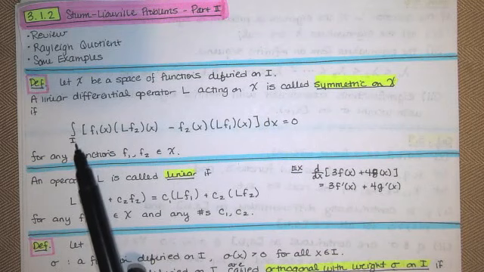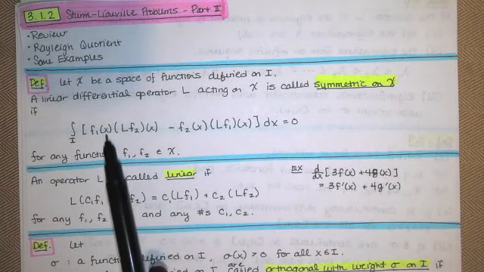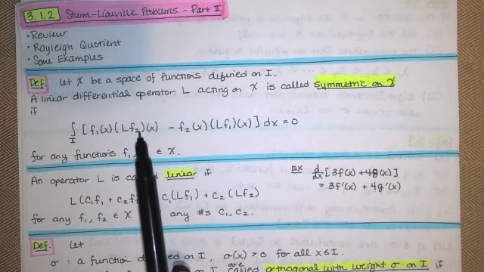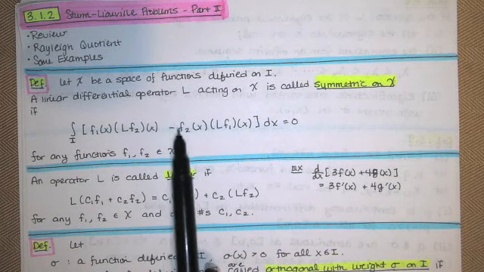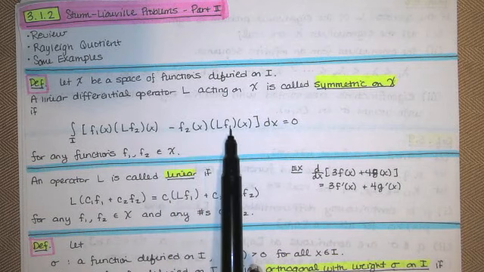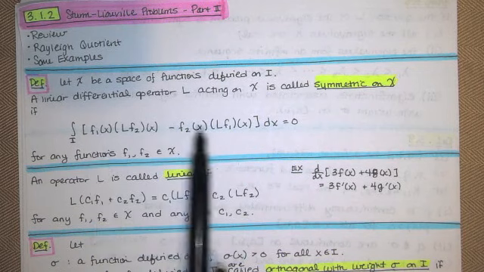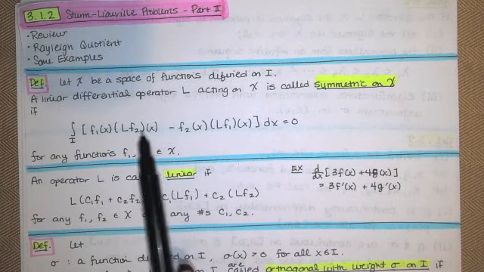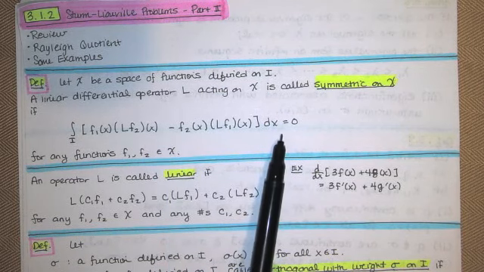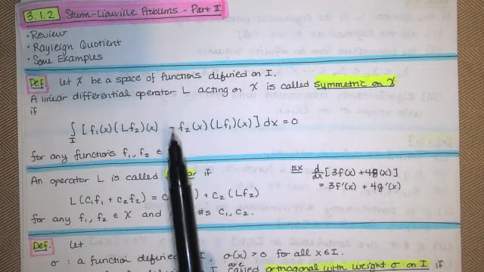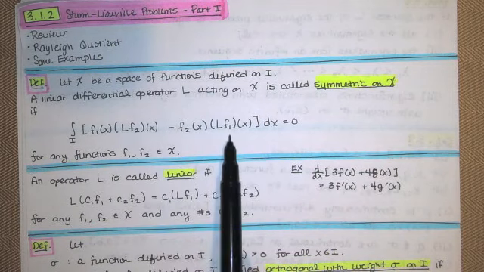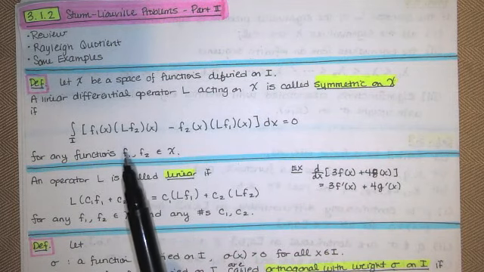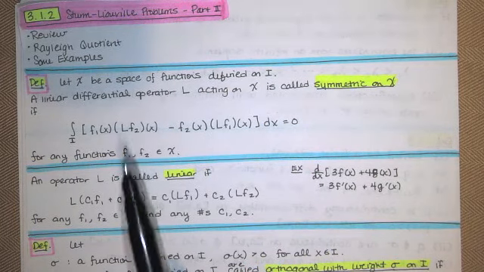So if we take the integral of a first function times a linear operator applied to the second, minus the second function times a linear operator applied to the first, if we evaluate that integral for any two functions f1 and f2 in the space of functions chi, and every single time we get 0, then we say that the operator L that's being applied here and here is a symmetric operator.